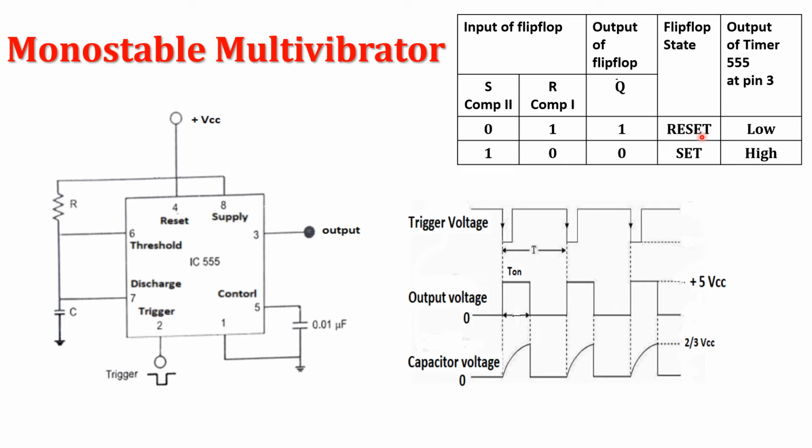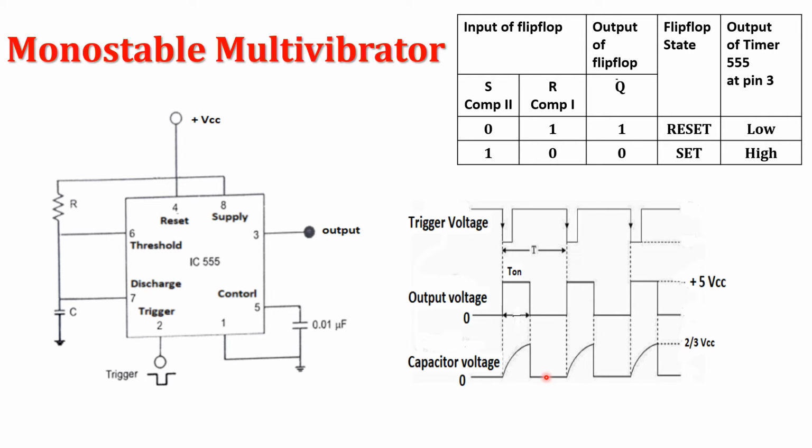That flip-flop state is a reset state, and the output of the timer is low. The output of the timer becomes low here. The flip-flop state is reset. In that case, what happens? When the transistor T2 is turned on, the capacitor discharges instantly and suddenly drops down to 0.